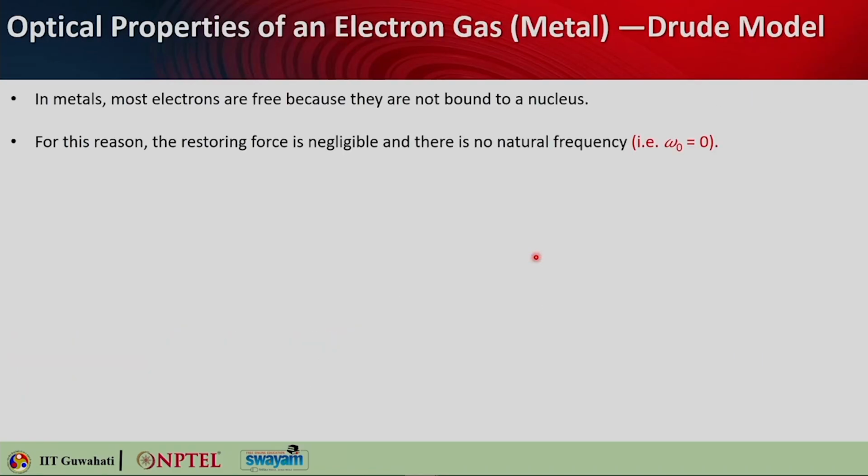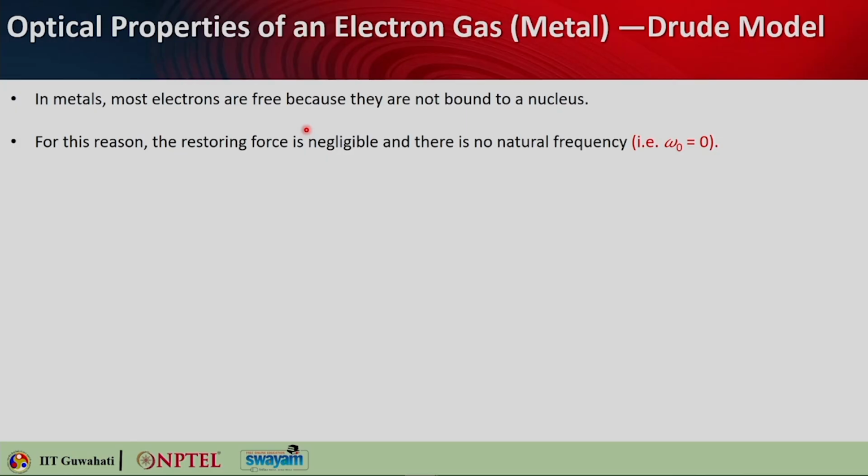Now, with that, let us try to see how we describe the optical properties of an electron gas in metal. That was the generic model for an electron in any material, but in case of metal, most electrons are free because they are not bound to any nucleus. In that case, the spring term or the restoring force term becomes negligible.